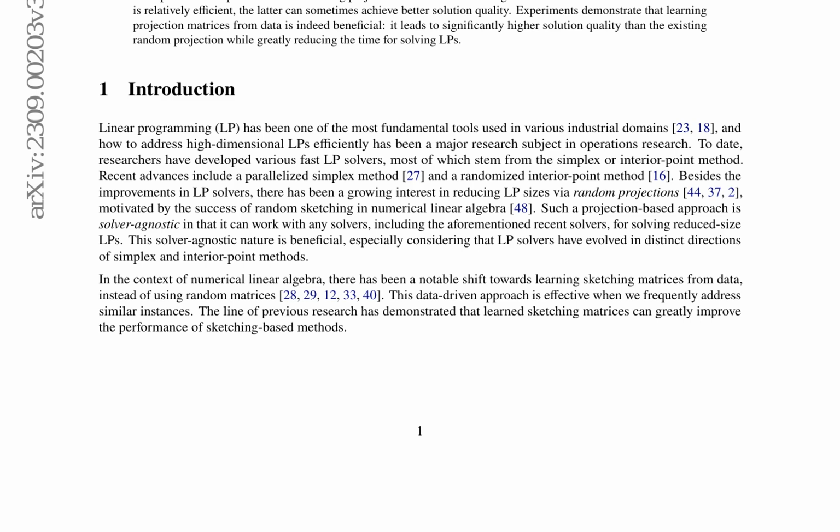Experiments demonstrate the benefit of learning projection matrices, achieving significantly higher solution quality and reducing solution time compared to random projections. This research contributes to the growing interest in reducing LP sizes via random projections and builds upon previous work in numerical linear algebra, showing the effectiveness of learned sketching matrices.